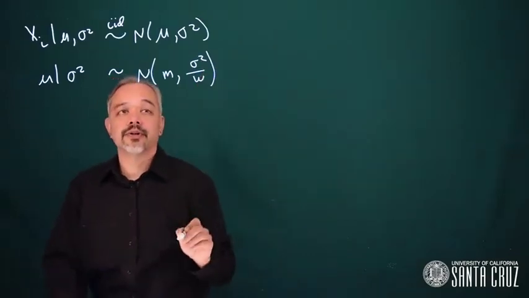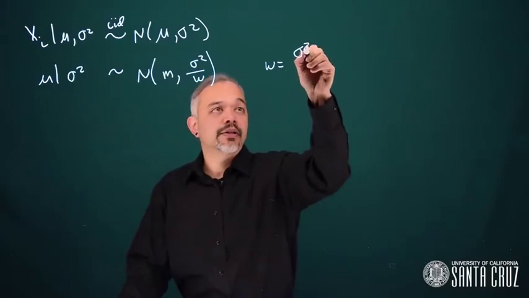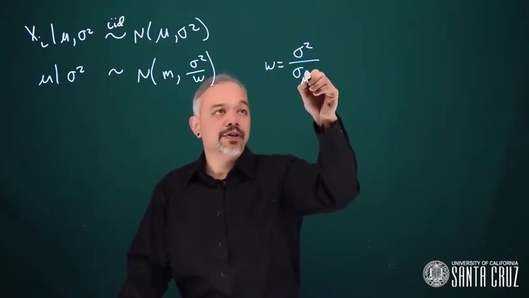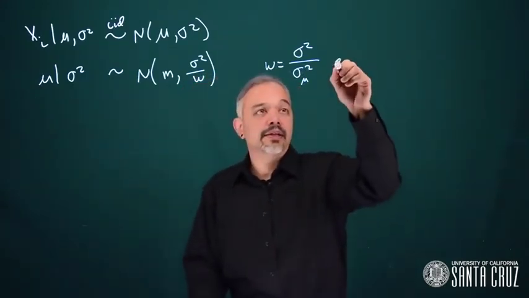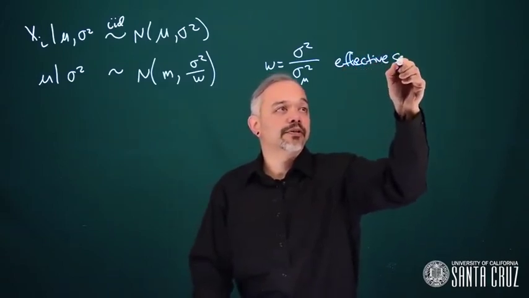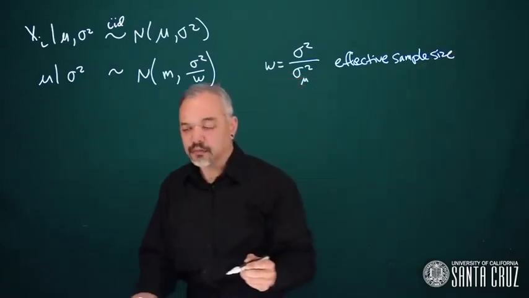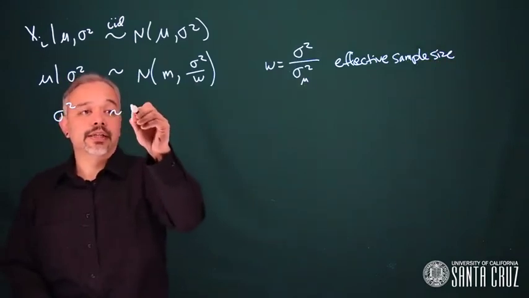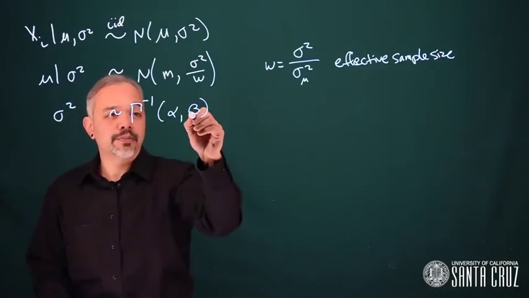It depends on sigma squared. In this case, w is going to be the ratio of sigma squared and some variance for the normal distribution. This is the effective sample size of the prior. Finally, the last step is to specify a prior for sigma squared. The conjugate prior here is an inverse gamma distribution, and we give it parameters alpha and beta.